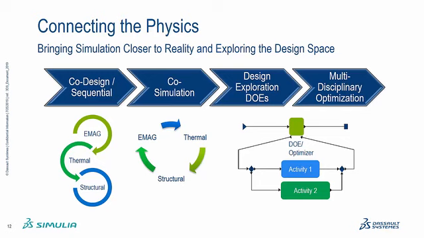So all of the different variables, you can run them in parallel, perhaps, and look at multidisciplinary optimization, so not optimizing just across electromagnetics, but optimizing across lots of different physics as well. So all of this is going to help you explore the very large design space of 5G and really get very accurate results and end up with the optimal product design.